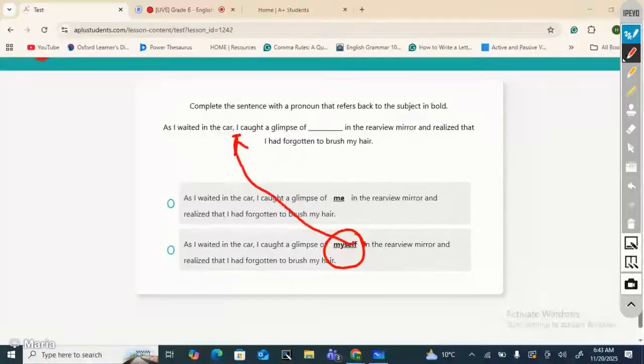A reflexive pronoun refers back to the subject.